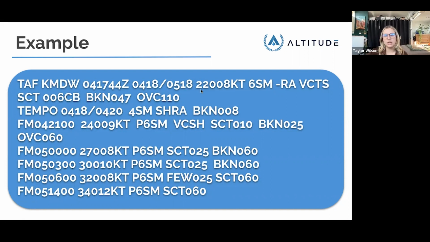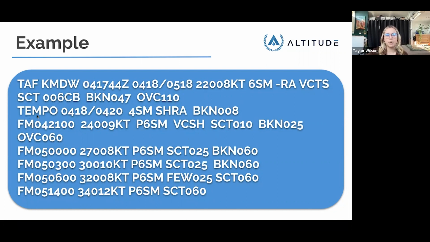Starting off, our wind at 220 at 8 knots, 6 statute mile visibility with light rain in the vicinity. That's that VCTS. We've got scattered clouds at 600. We've got cumulonimbus clouds, broken at 4,700 and overcast at 11,000.